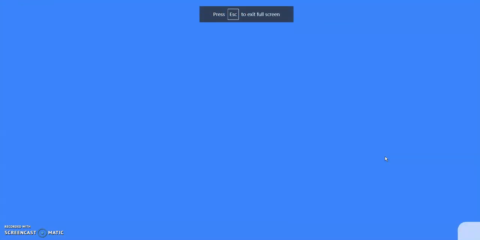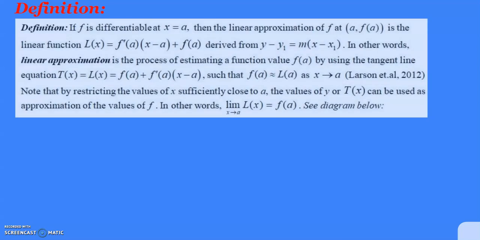So next we want to look at some examples. Before the examples, let's first look at the definition of linear approximation. If f is differentiable at x equals a, then the linear approximation of f at the point a is a linear function derived from the point-slope form of the equation of a line.